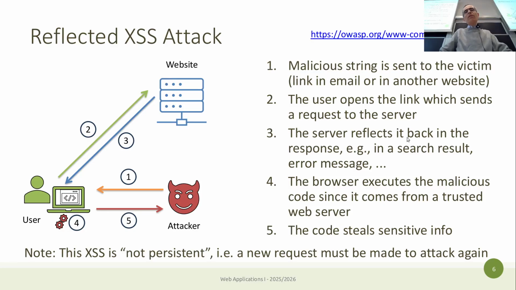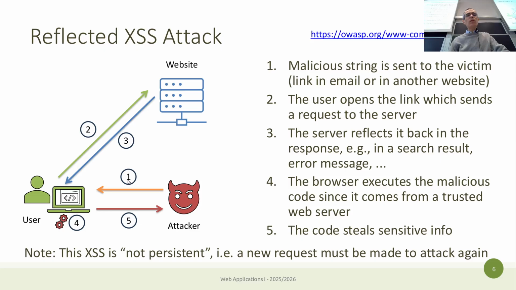So let's have a look at the first one. Probably the easiest one, I would say. The so-called reflected cross-site scripting attack. So we have a website where our application is stored. We have a user, there can be more than one user, okay? We are just taking one user because this is the user that has been attacked by this attacker, okay?